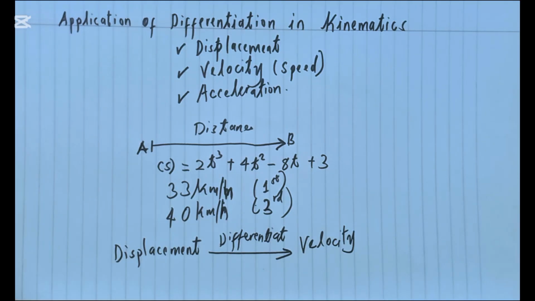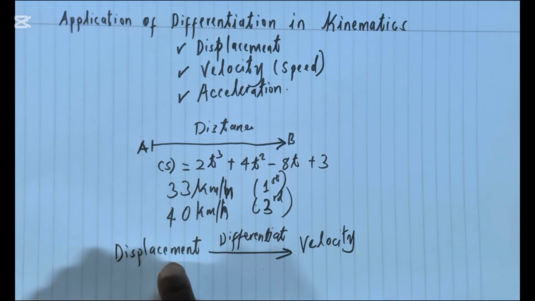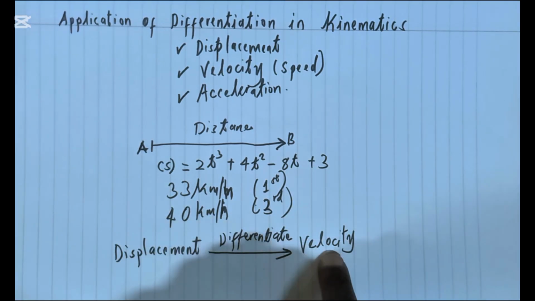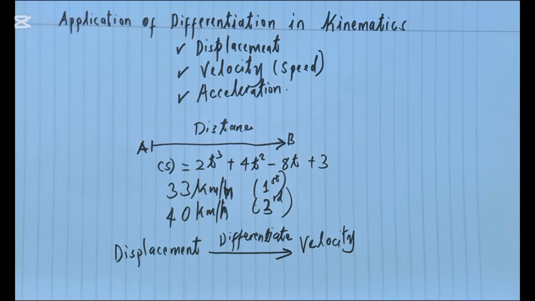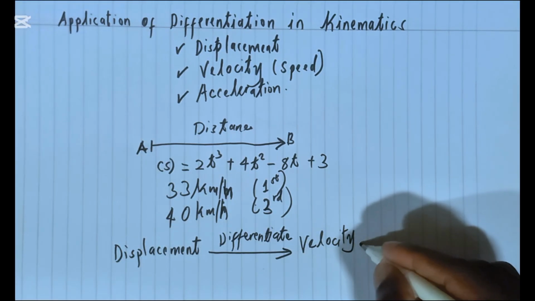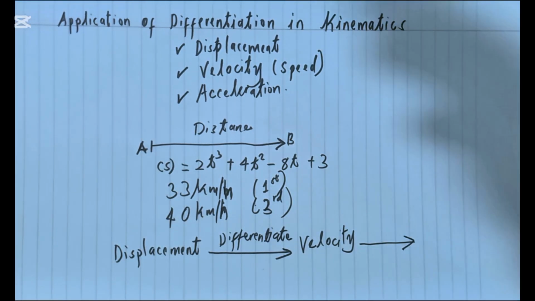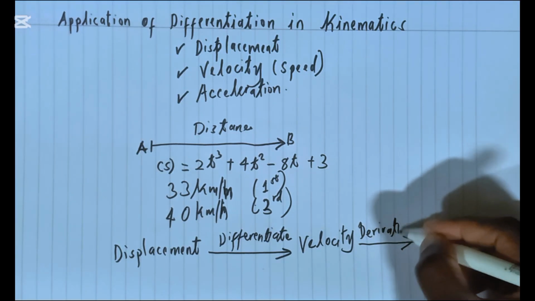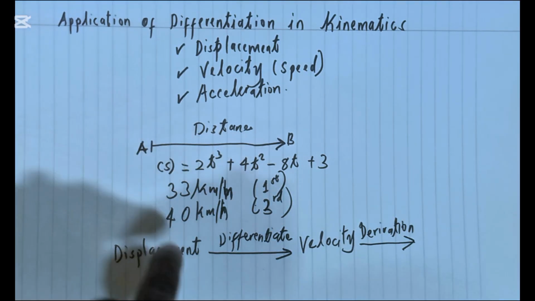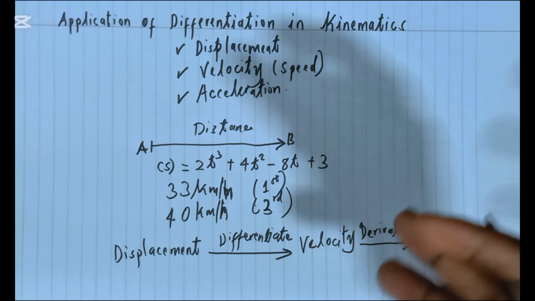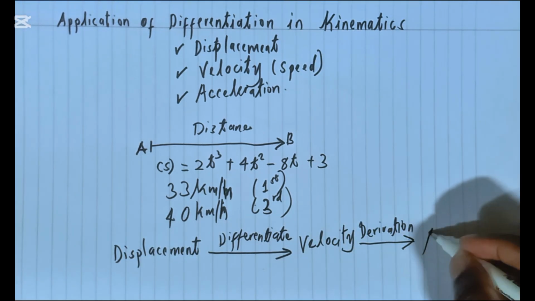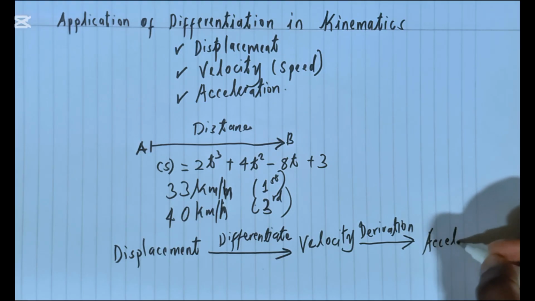Whenever you have a function describing displacement and you differentiate it, you end up with a function describing velocity. Then when you differentiate for the second time, you end up with a function describing acceleration.